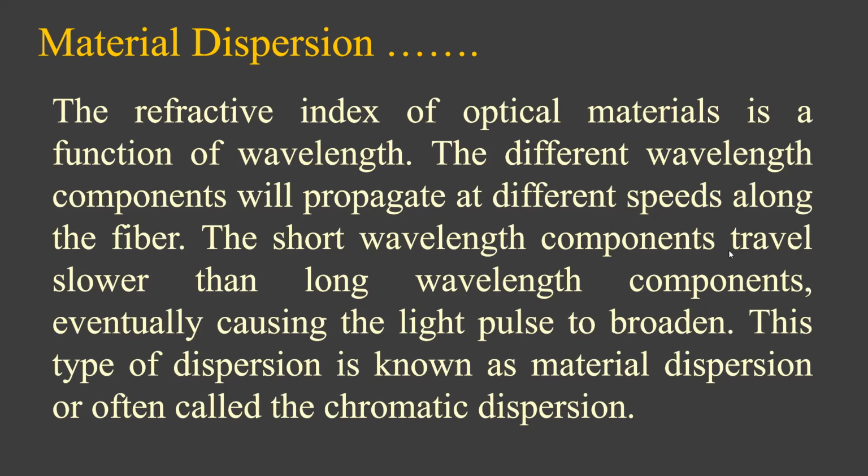The short wavelength components travel slower than long wavelength components, eventually causing the light pulse to broaden. This type of dispersion is known as material dispersion, or often called chromatic dispersion.